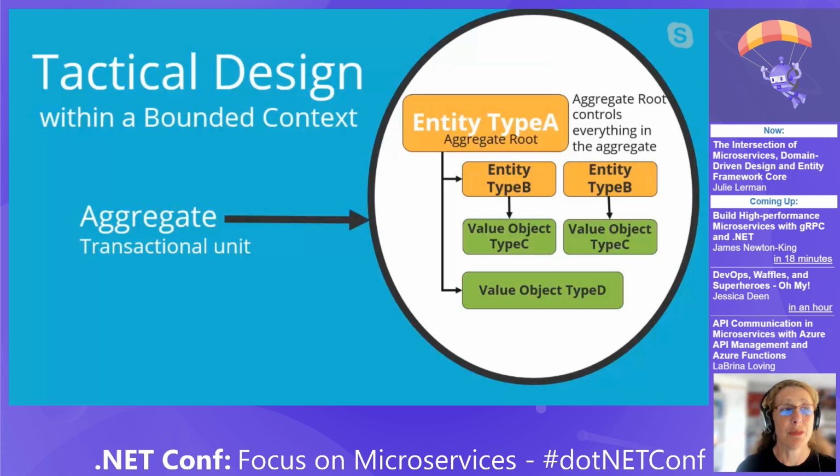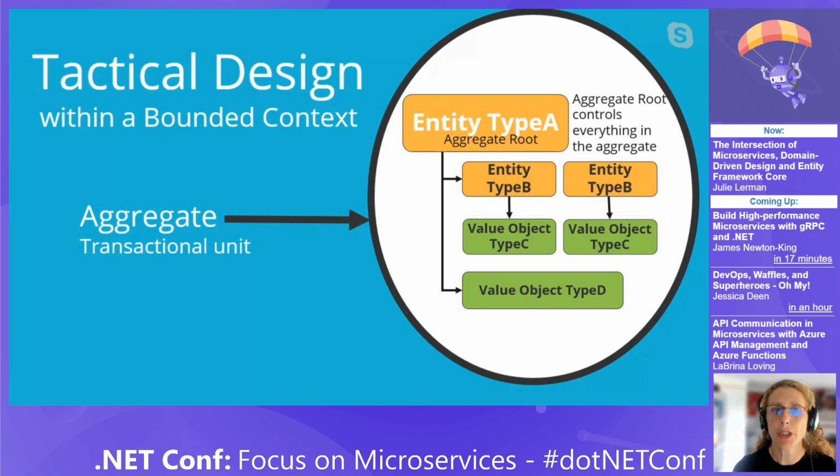So once you've done your strategic design in two minutes or less, then it's time to get going on the actual implementation, which is the tactical design. And this is designing what's happening inside each bounded context. So the really critical concept here is that you're going to be working with an aggregate. You're defining aggregates. An aggregate is essentially a transactional unit of different entities that work together. And every aggregate has an aggregate root.